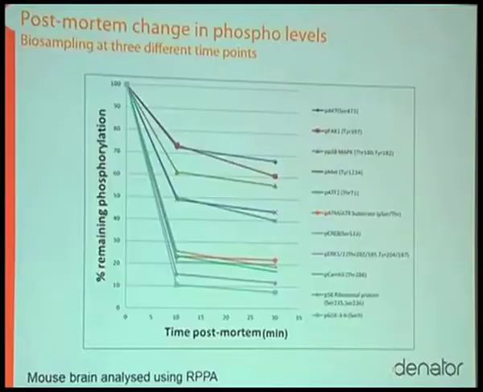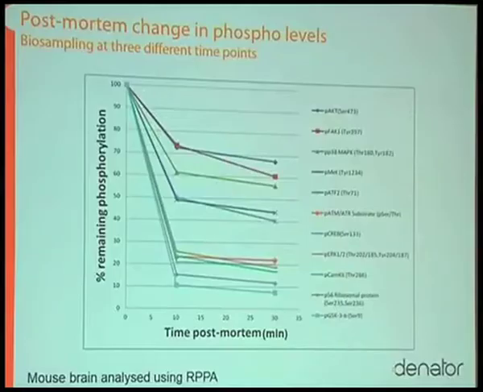Or we kill the mice, wait 30 minutes at room temperature, then collect the brain and freeze it. And then we analyze, extracting them in a 6 molar urea buffer, and we look at how the levels of these 11 common phosphorylations change.